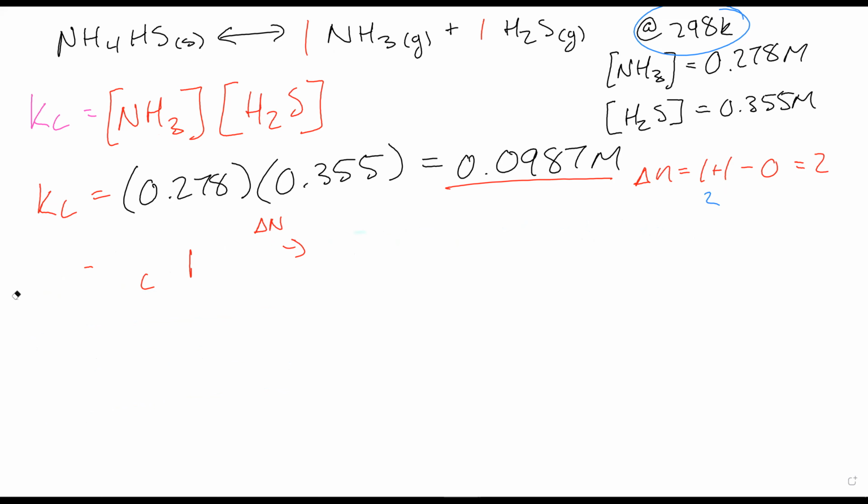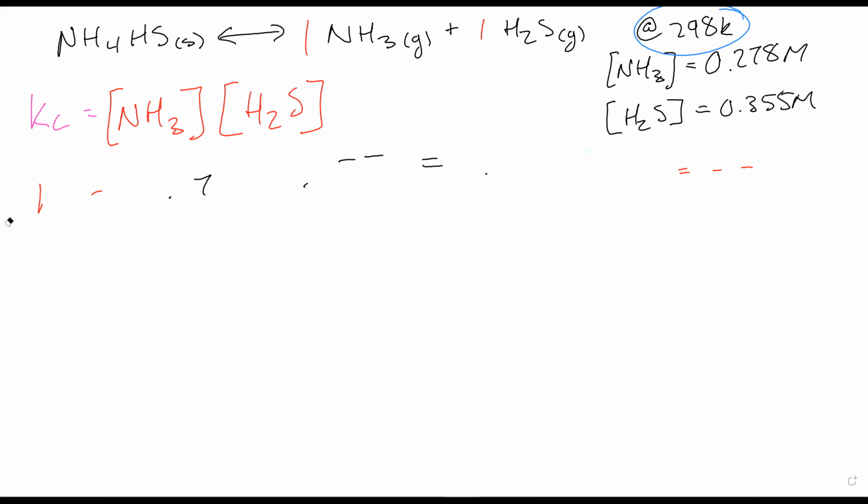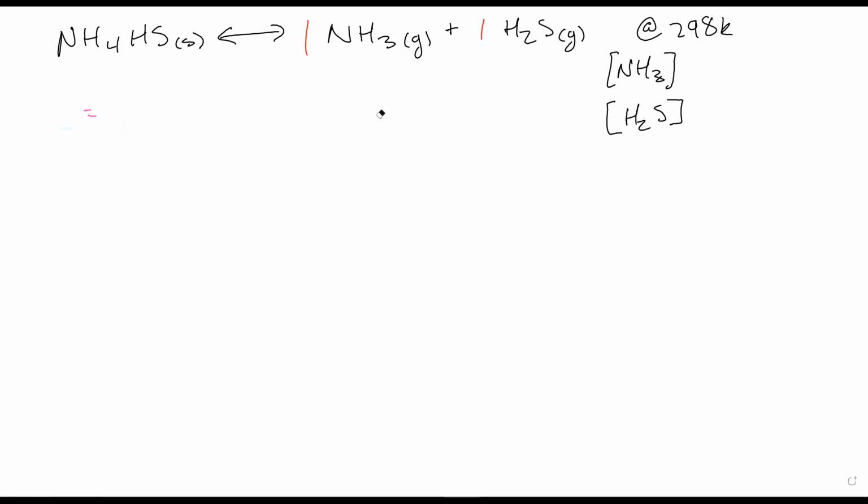So question 8, I couldn't solve it earlier, but I think I can solve it now. It says that at a specific Kc, we have a specific concentration for NH3 and H2S.